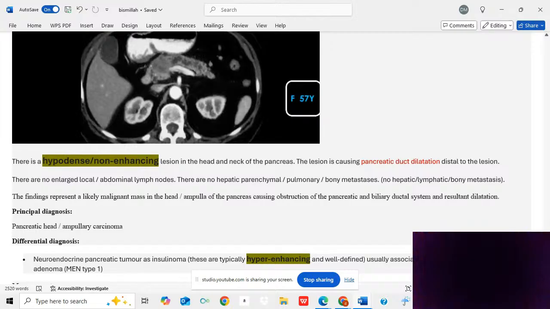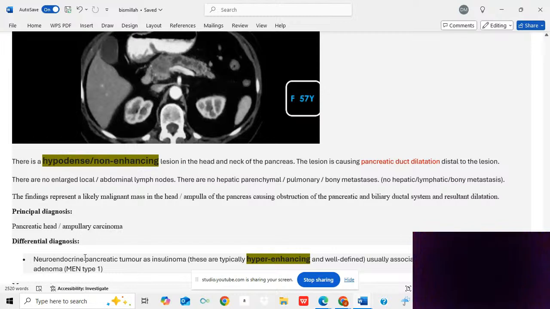The differential diagnosis is very important here. Why? Because this lesion is poorly enhancing. However, this lesion is avidly enhancing.